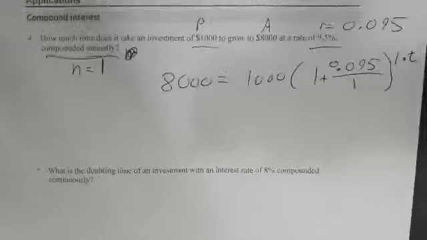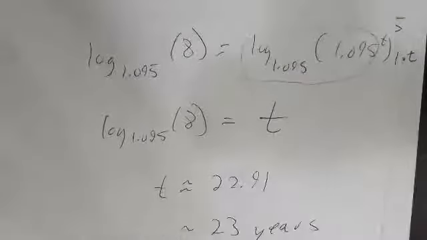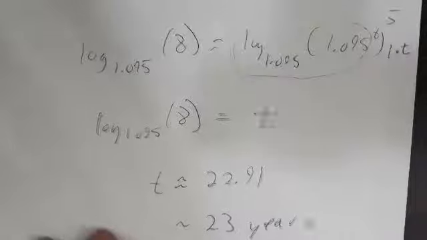I don't think it tells us what place to round to in this one either. But if it's taking someone 22.9 years, you could probably just tell them 23. It's pretty close.